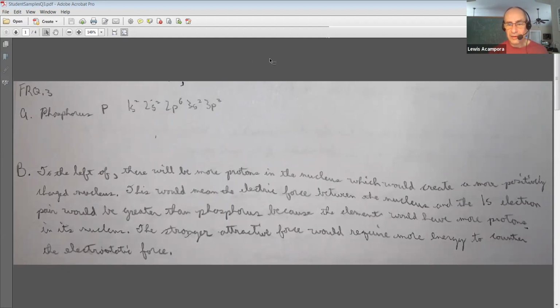All right, so I think we've got a consensus emerging here that this is in fact a 4-point response, and I would agree with that.